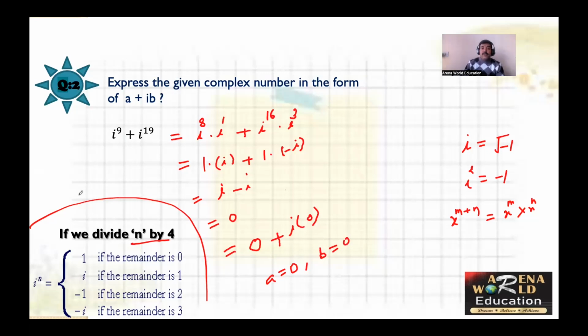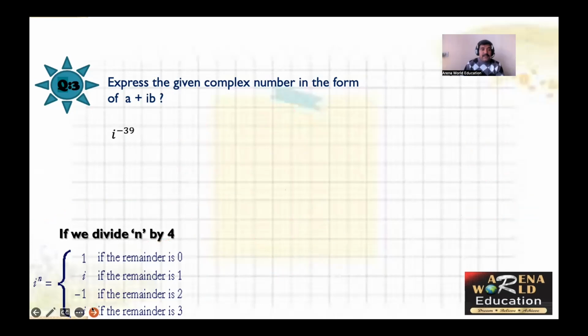Right? So let us discuss question number 3. Again in this question, just like previous questions, iota raised to power minus 39 is given. The only difference is that here the exponent is negative. So first of all, we will write it in the form of 1 upon iota raised to power 39, because x raised to power minus m can be written as 1 upon x raised to power m.